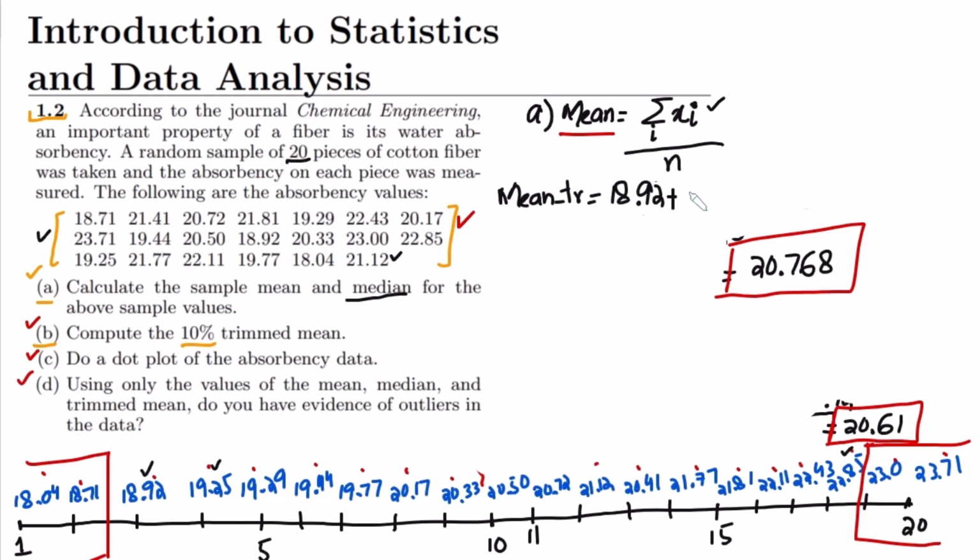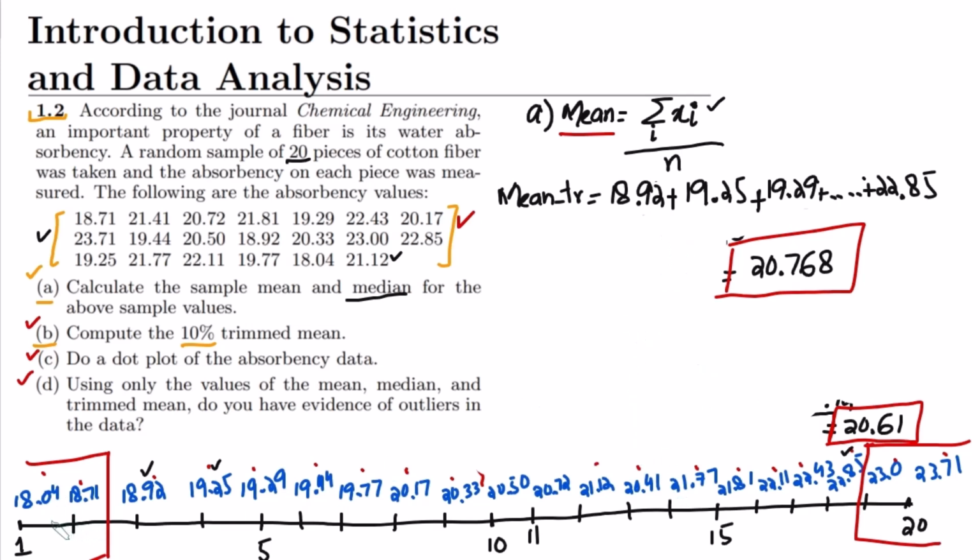18.92 plus 19.25, okay, plus 19.29, up to the last data point here, which is 22.85. Okay, so after adding them, I have to divide it over what?